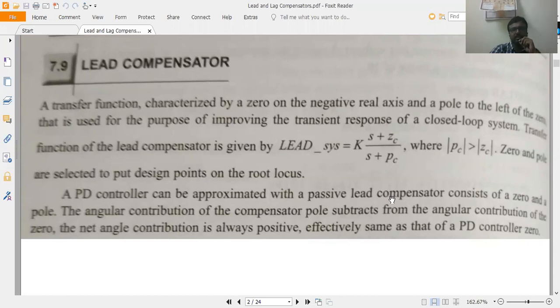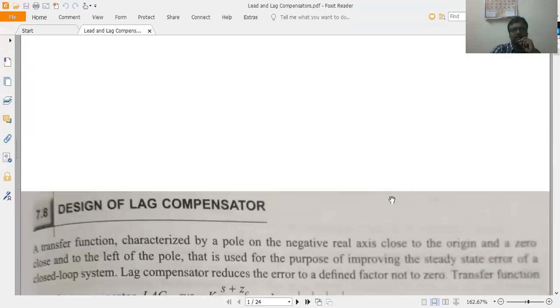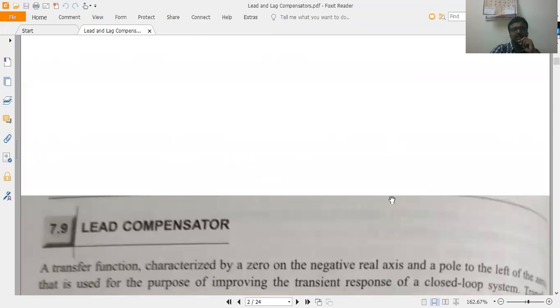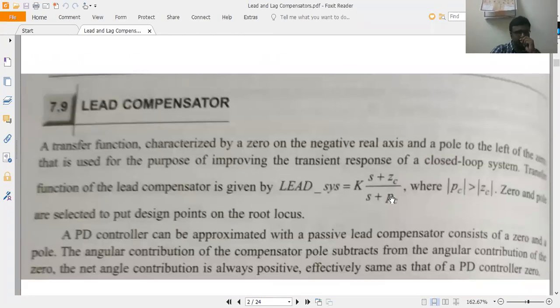In regard to performance, the lag compensator reduces the steady state error, whereas the lead compensator improves the transient response of the closed loop system.